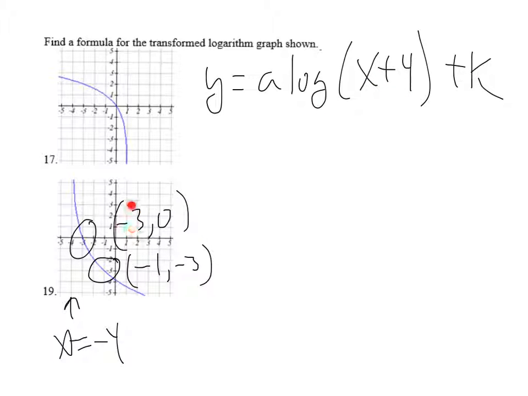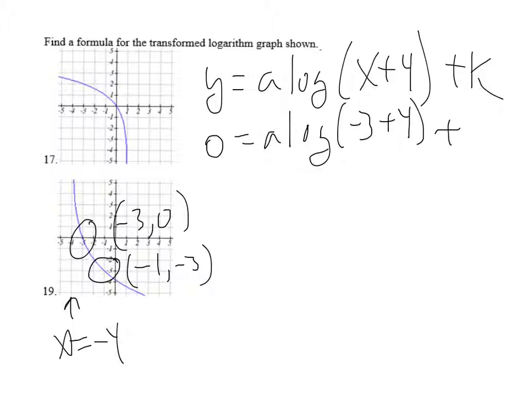If I use this point here, that will probably do that for me. So 0 equals a times the log of negative 3 plus 4, plus some number k. And negative 3 plus 4 is 1. The log of 1 is 0, so that knocks out that whole term. So that tells me k equals 0, so there's no vertical shift. So that leaves me with, let's see, can I erase some of this stuff? Yeah.